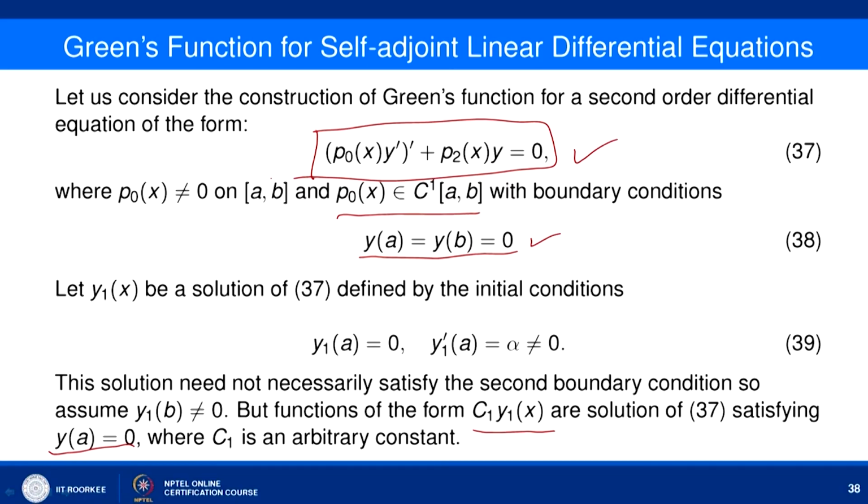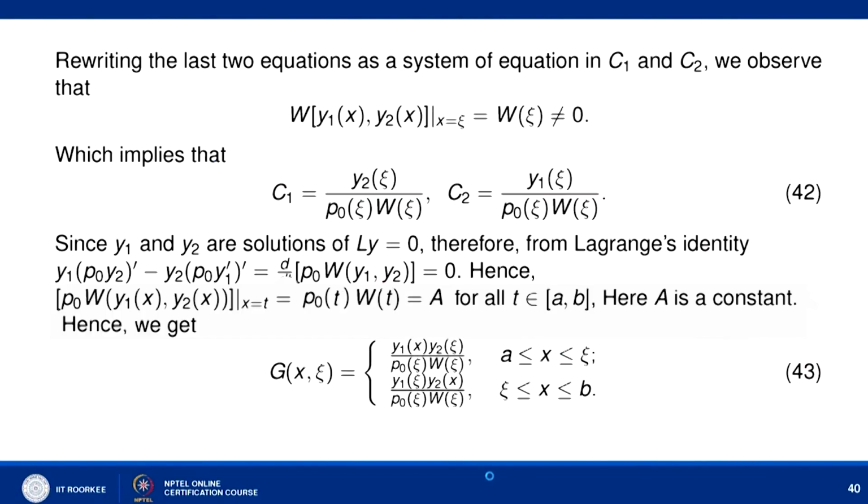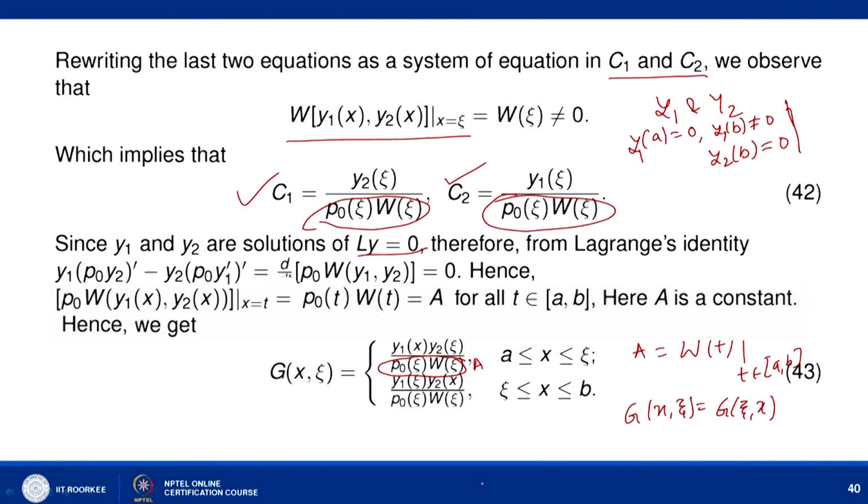Because of self-adjointness, the Green function comes out symmetric. If we consider a non self-adjoint equation, this symmetry may not be preserved.